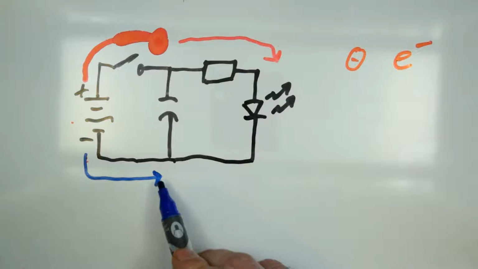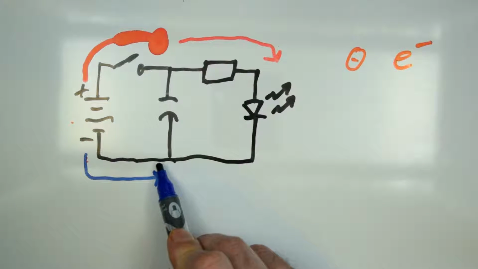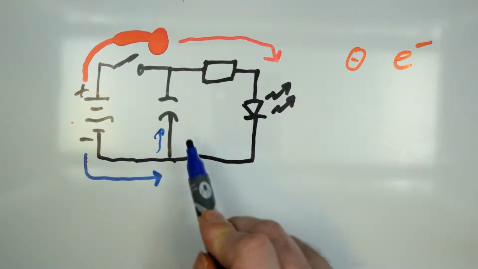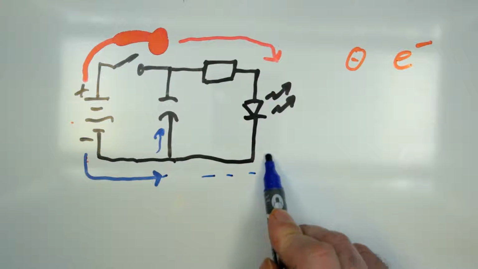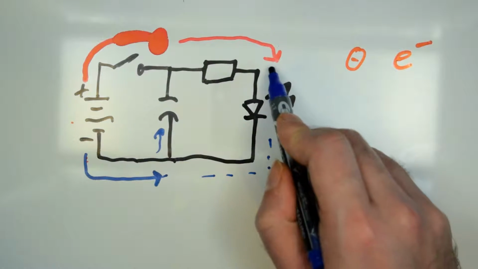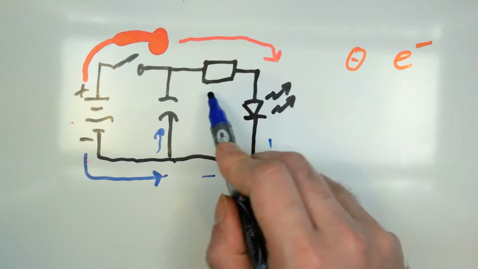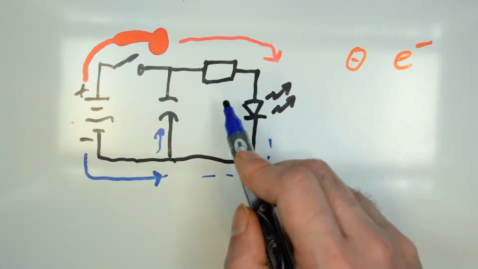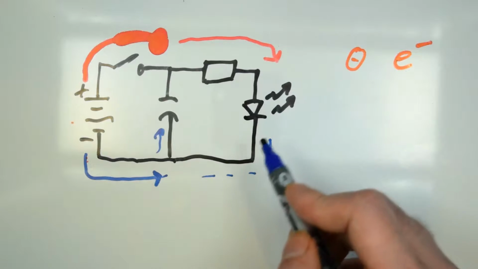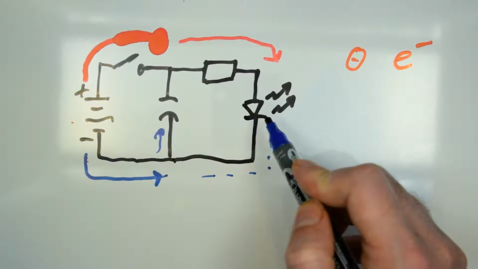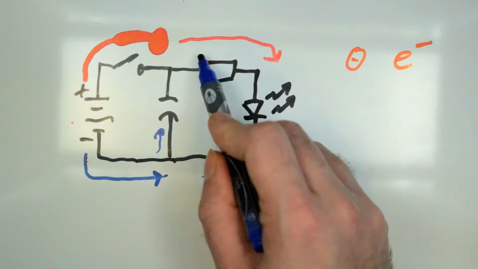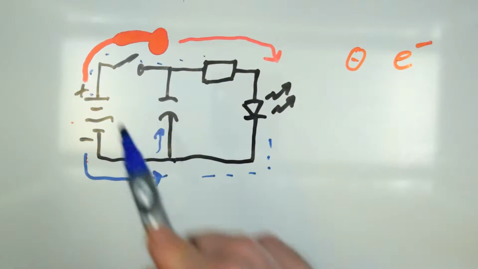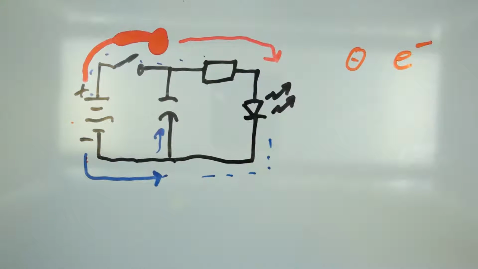So in reality, what's happening is the electrons come through here, they flow up into the capacitor, again until the capacitor equals the voltage of the supply, and then they continue along, they go through the LED, through the resistor, which is going to limit the current no matter where you place it in the circuit, as long as it is in series with the current controlled devices, and then it passes through the switch and over to the positive terminal of the battery.